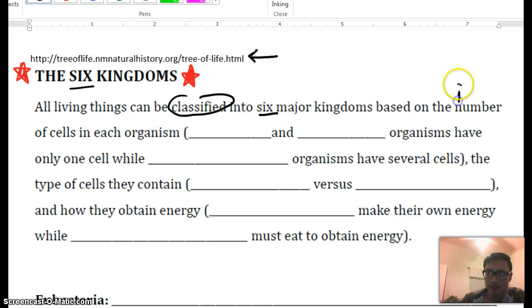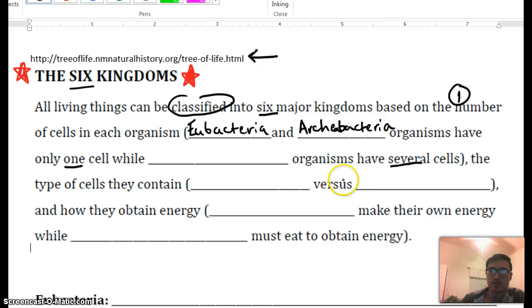The first thing can be number. For example, you could have one cell or you could have several cells. If you have one cell, more likely than not, you're going to be either eubacteria or archaebacteria.